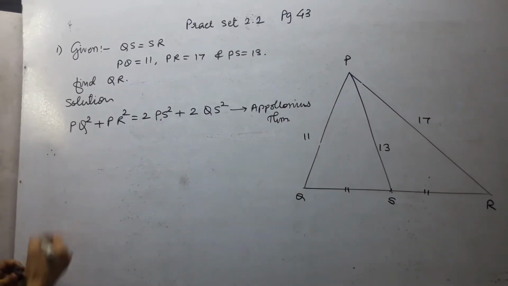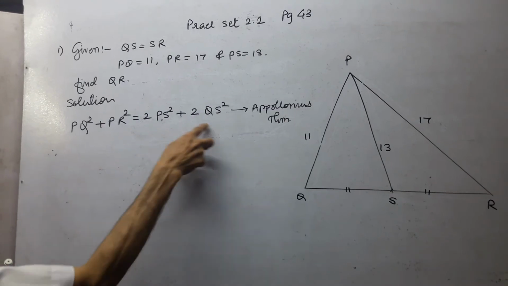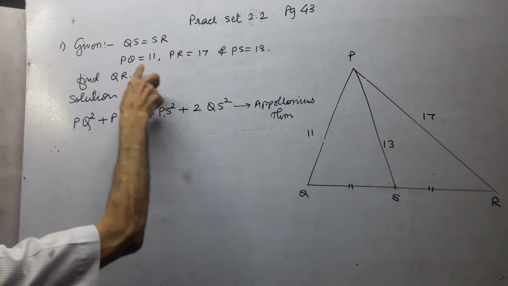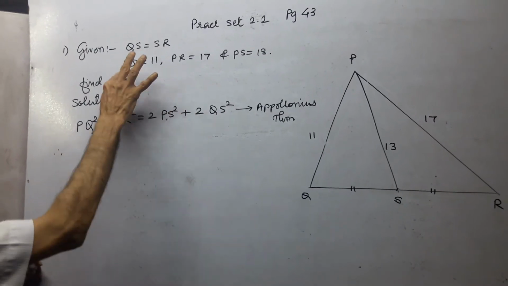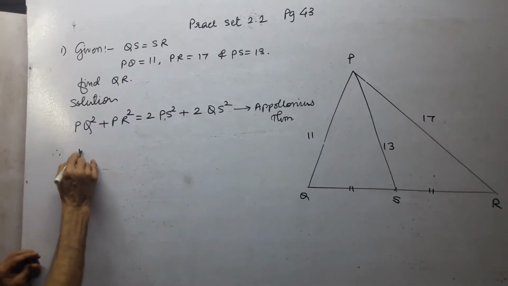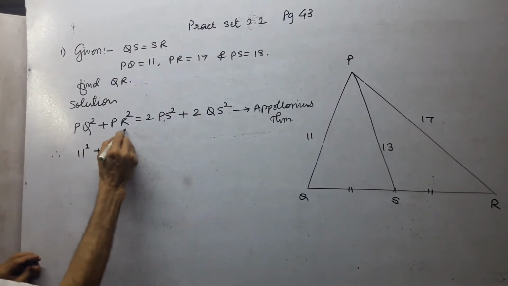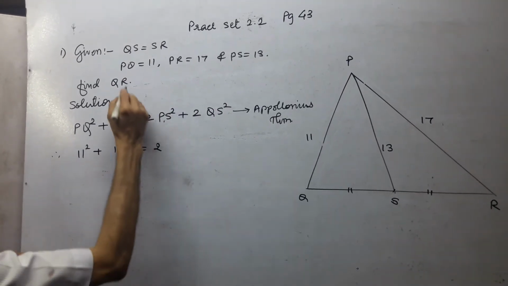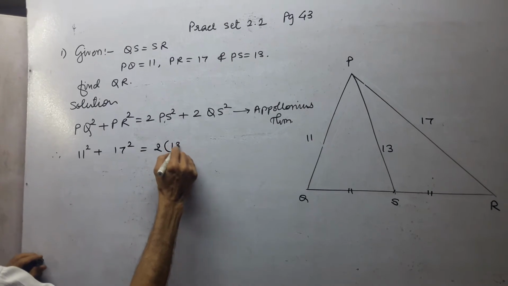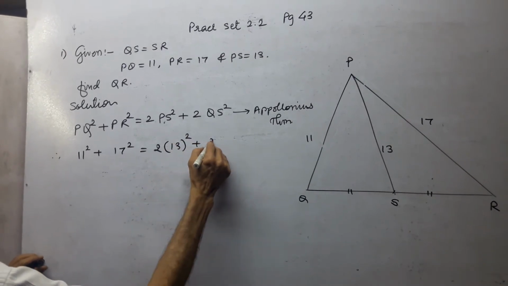Now let's separate it. Of these four, 1, 2 and 3 are given. So just separate the values. In place of PQ, write 11 square. PR, 17 square. PS is given, 13 square, plus 2 QS.